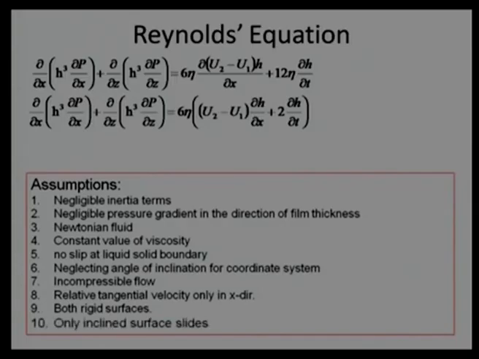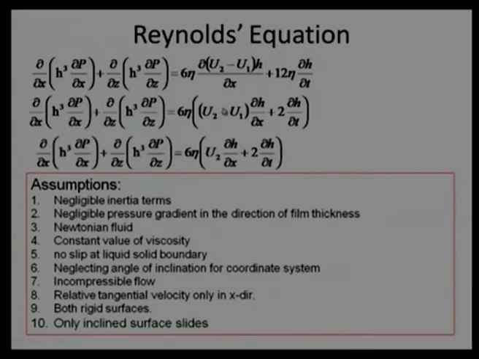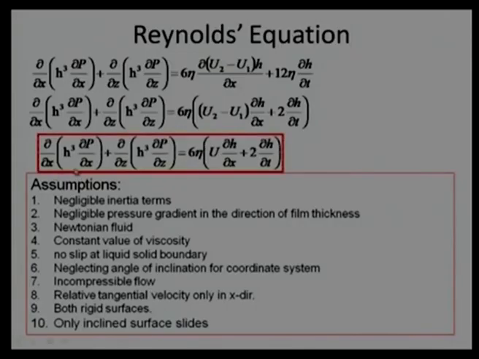With that, we say that only the inclined surface slides, the equation will be modified, u1 will be 0, and in that situation it will be only u2. As there is only one velocity, there is no point in calling it u1, u2, u3. We can say directly it is u, the tangential velocity of the sliding surface. With that, this equation will be modified in this form.